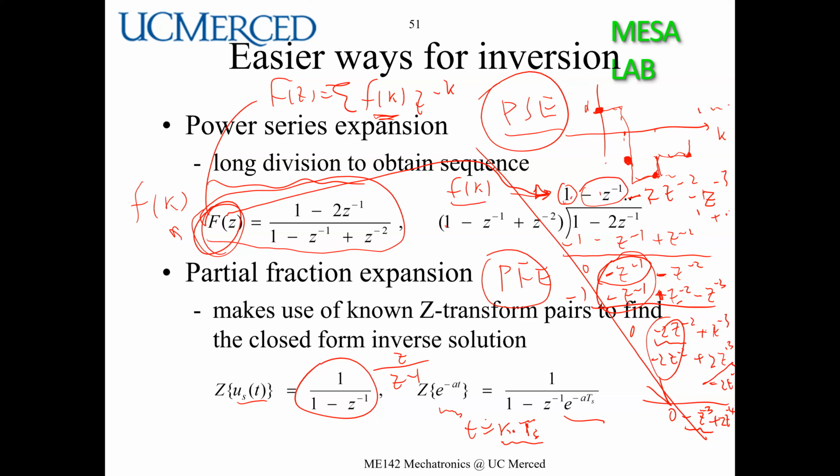So you put this in, you have e^(-aT_s) to the power of k. And this is exactly what we learned just now about the exponential function, a to the power of k, and its Z transformation.